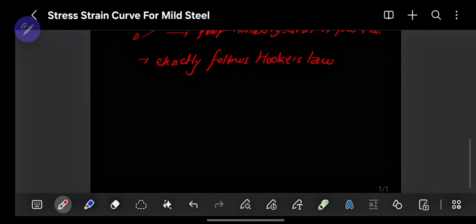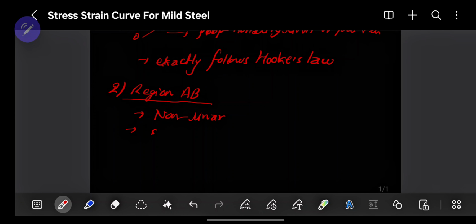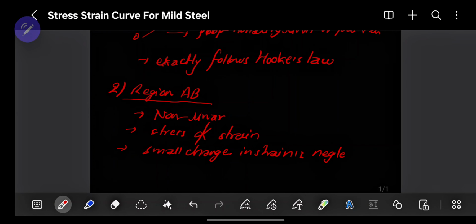Now moving on to region 2, that is region AB. Here this region is non-linear, which means that stress is not directly proportional to strain, though the small change in strain is neglected.